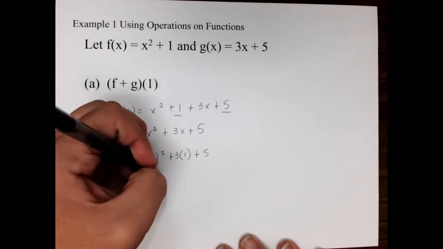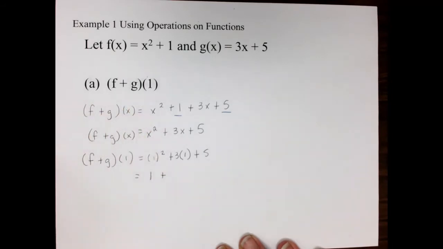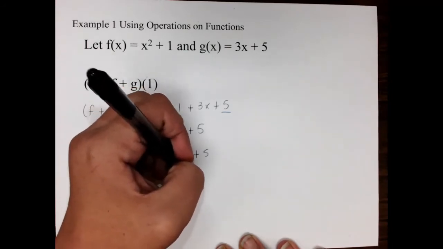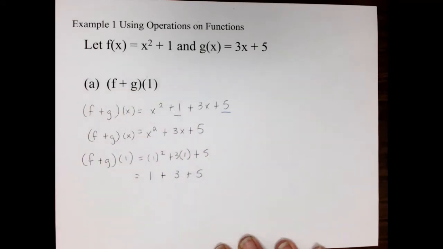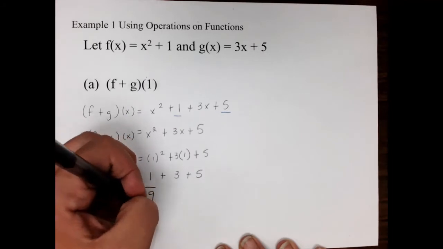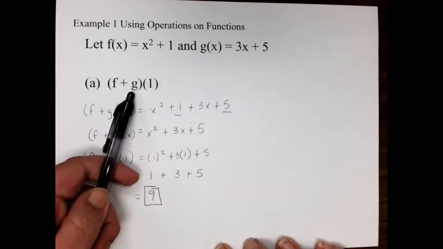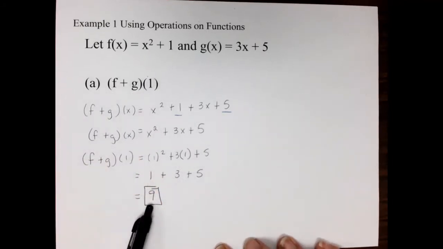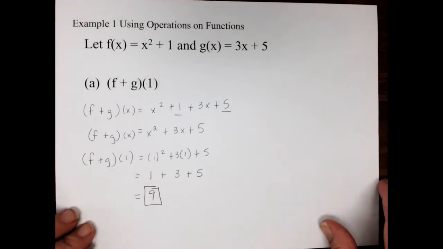I'm going to get 1 there. 3 times 1 is 3. And then we just bring down our plus 5. Totaling that up, we get our value of 9. So f plus g of 1 in this case is just equal to the value 9.